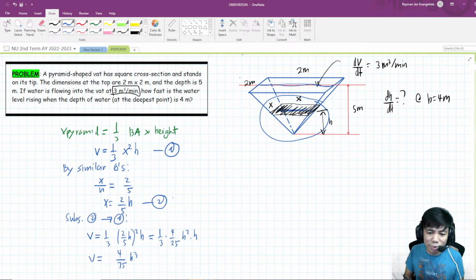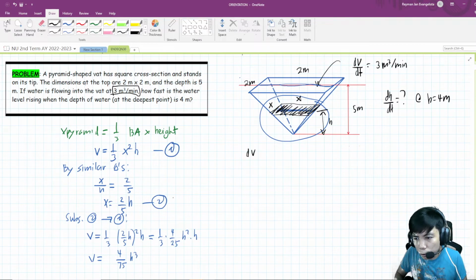Nasulat na natin si V in terms of h. So, the next step is to differentiate both sides with respect to time. So, the derivative of V with respect to t is equal also to the derivative with respect to time of the expression, that is 4 over 75 h cubed.